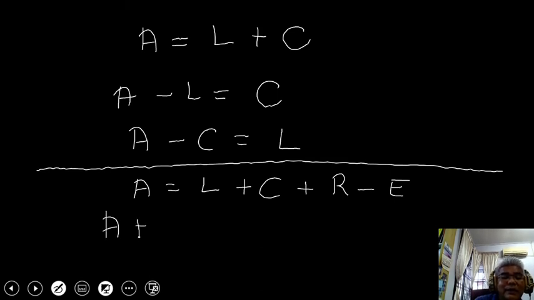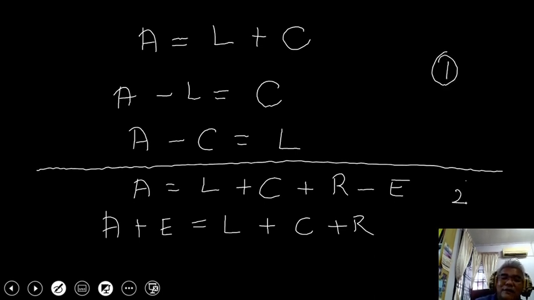Asset plus expenses is equal to liability plus capital plus revenue. Okay, this is the first formula, and then this is the second formula when there is revenue and expenses account.